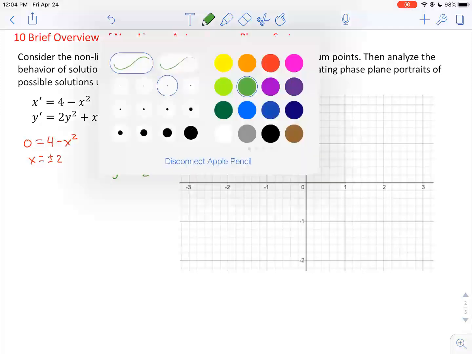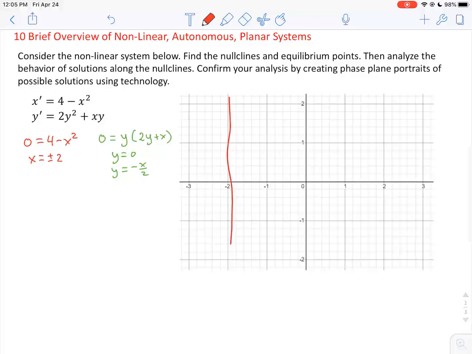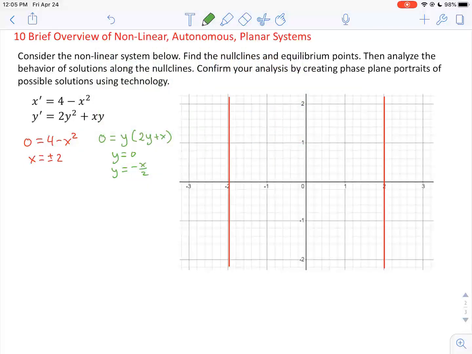So let's plot these in our space over here. X equals plus or minus 2, so we have a vertical line here and a vertical line over here. And for the y nullcline, we have y equals 0, which is across here, and y equals negative x halves, which is this diagonal line here.